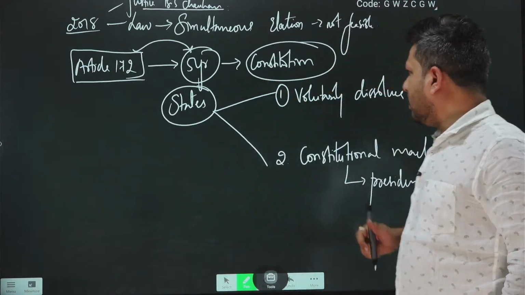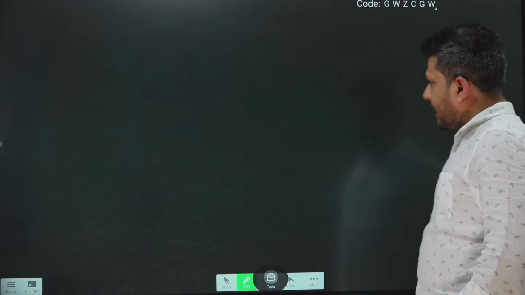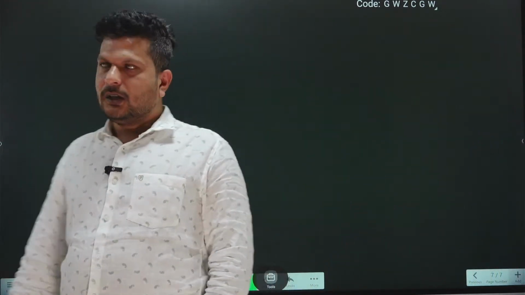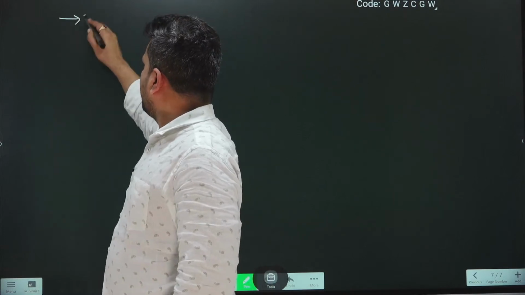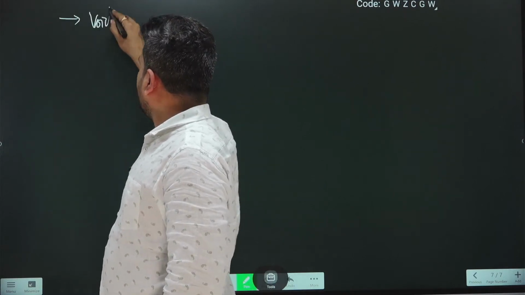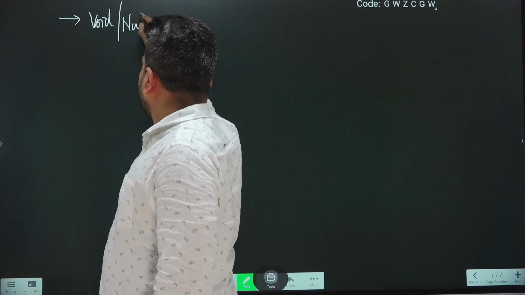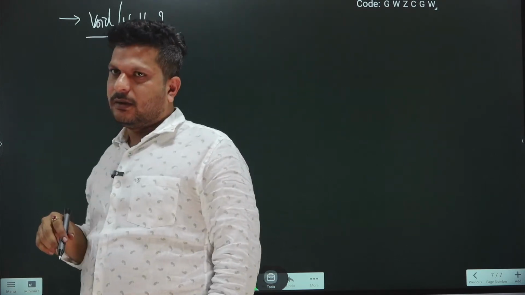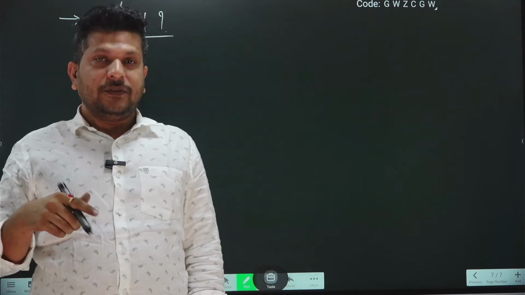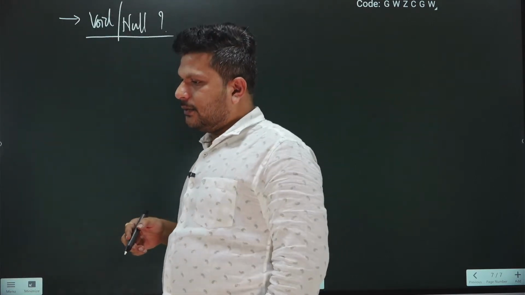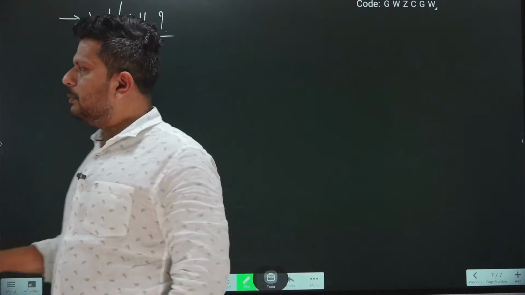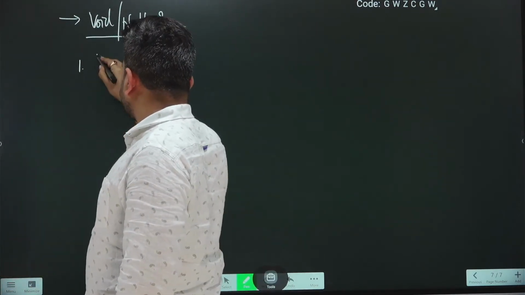And if we are talking about ratification of states, and once this constitutional amendment has been brought in, can it be declared void or null by the judiciary is the next question. If this has to be taken into consideration, then here we have to remember two important judgments.